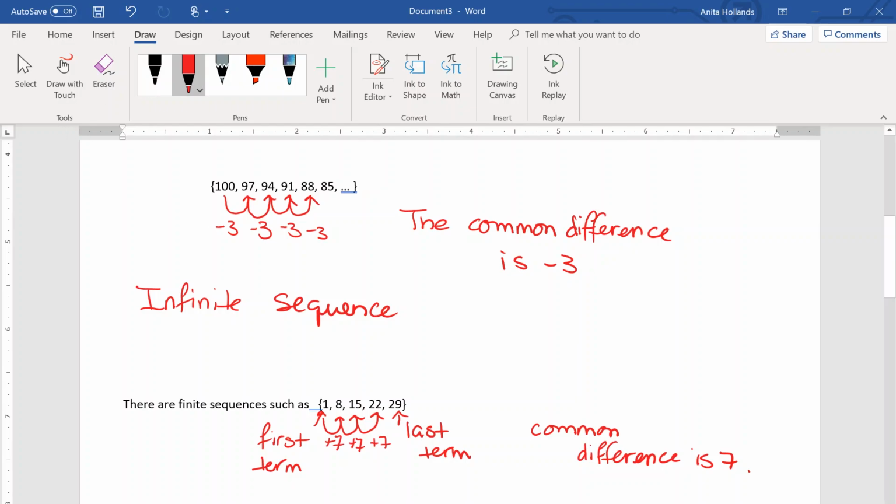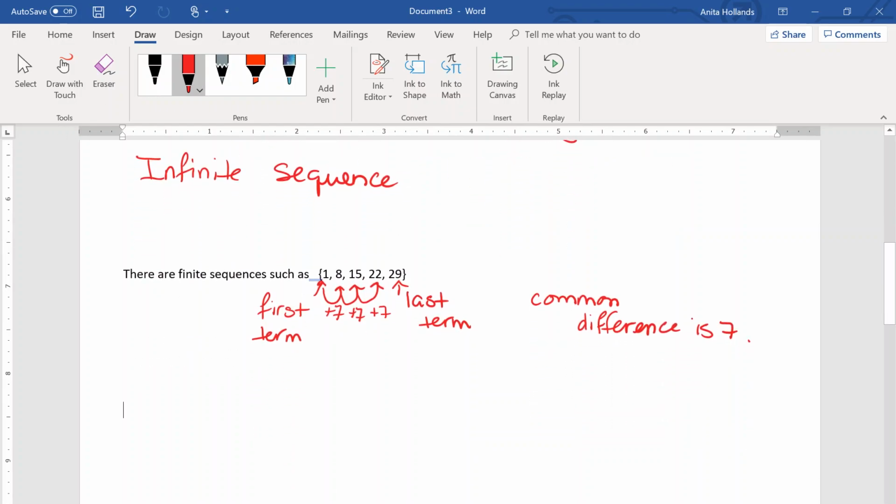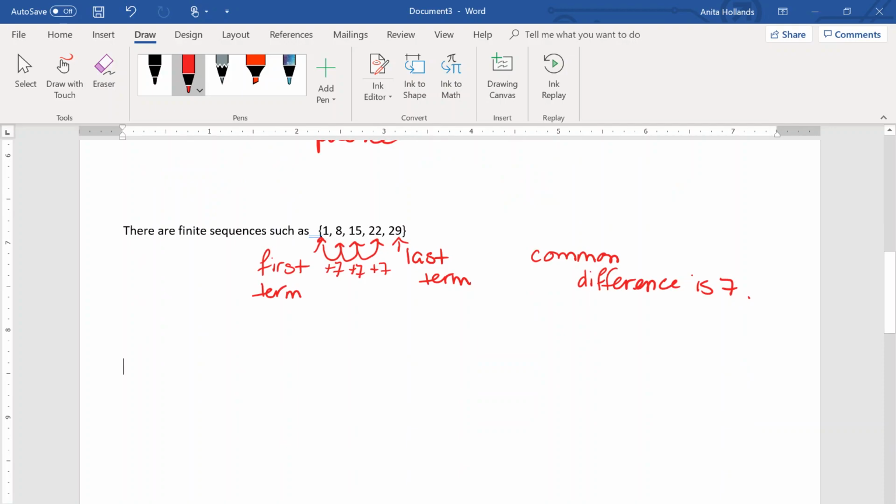Now, before we look further at terminology, let's see how we can find each of these subsequent terms. In this case, our first term is 1. To get to our second term, we had to take our first term and add 7 to it. So we're adding our common difference.